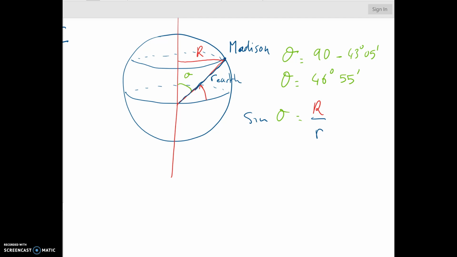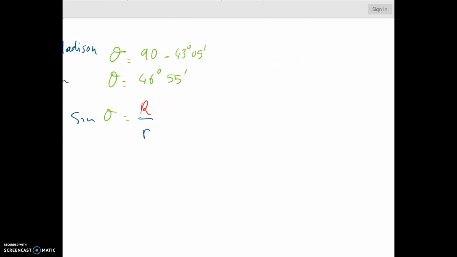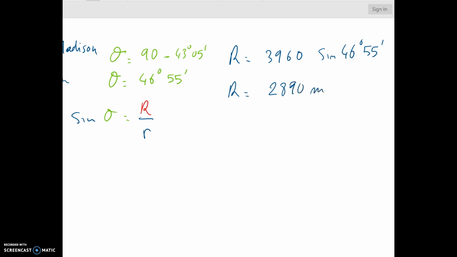So I end up with r equal to 3,960 miles multiplied by the sine of 46 degrees and 55 minutes. Obviously, you will have to transform 46 degrees and 55 minutes, and we end up with r equal to 2,890 miles.